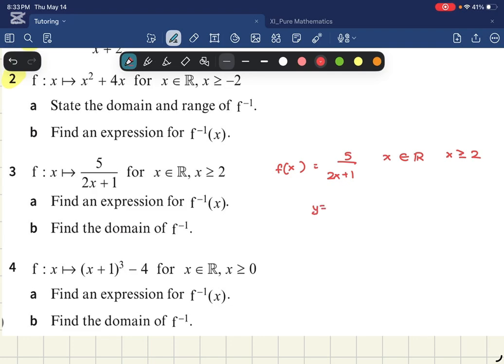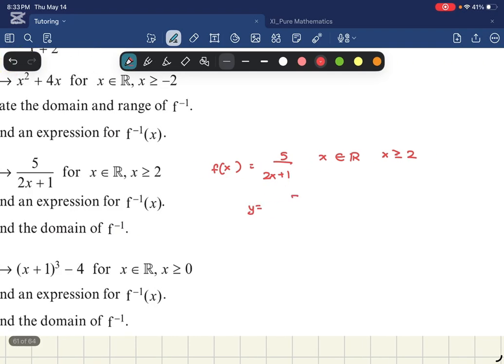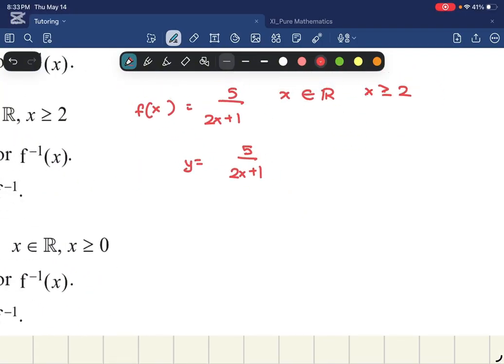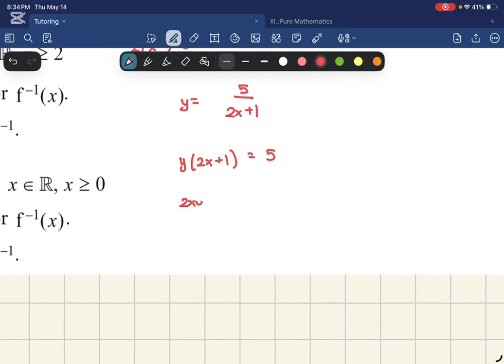So y is equal to 5 over 2x plus 1. All right. So if I multiply by 2x plus 1 on both sides, I get 2xy plus y is equal to 5.